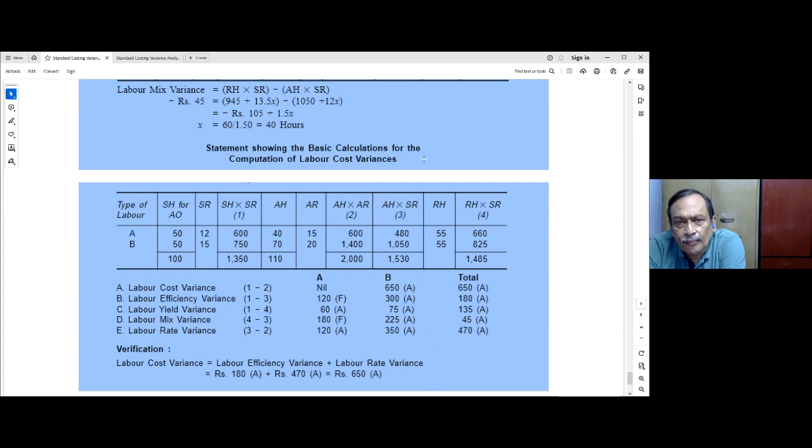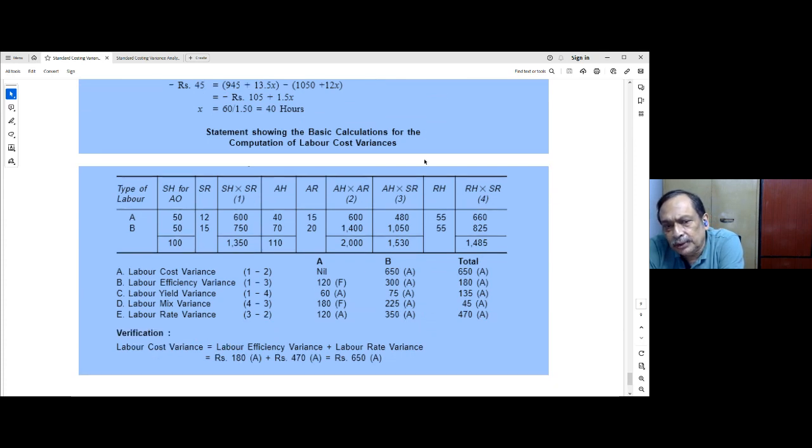So now we can proceed to solve all the variances pertaining to labor by filling in the table. Type of labor A, B. SH for AO 50, 50, 100, SR 12 and 15. SH into SR 1, that is 600 and 750, it comes to 1350.